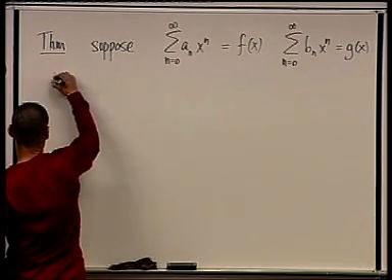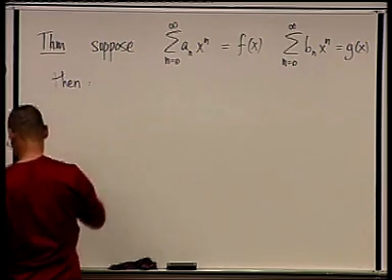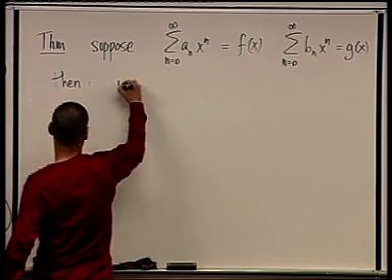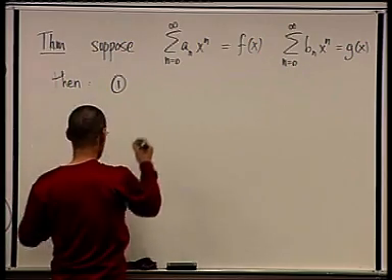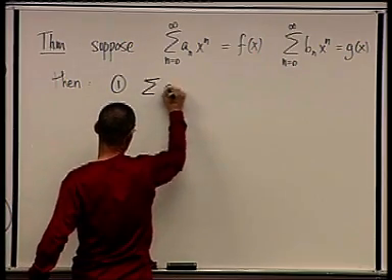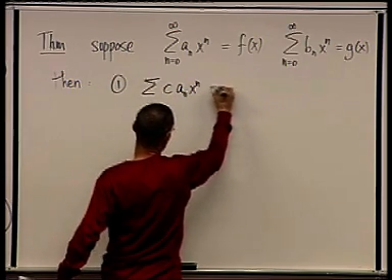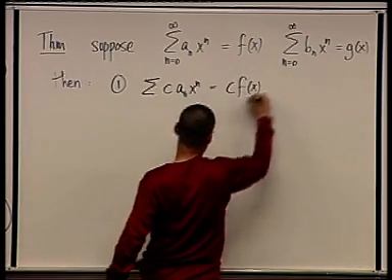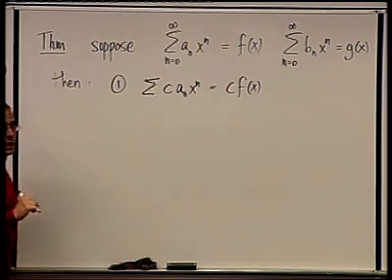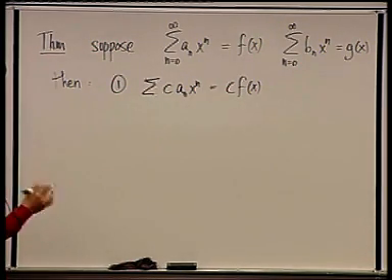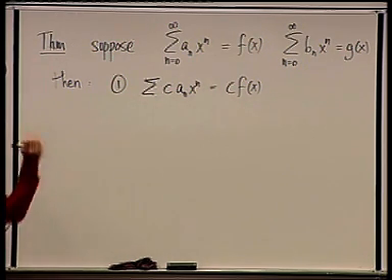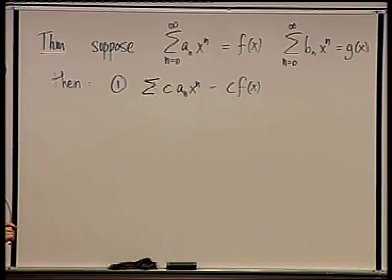Then, so 1, the sum of c, where c is some constant, times an x to the n, equals c f of x. You can stick in a constant, a scalar, and still maintain that convergence, and the limit is going to be c times the function, and it's going to be precisely the same domain of convergence.